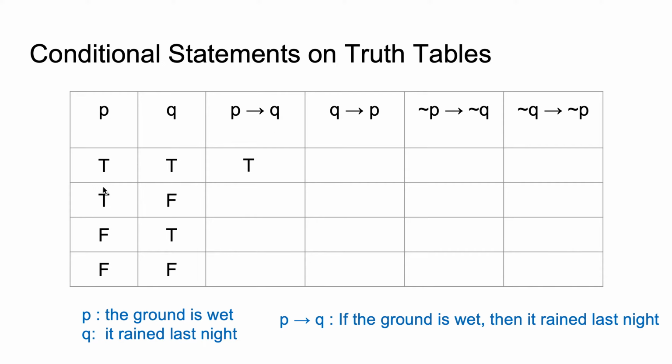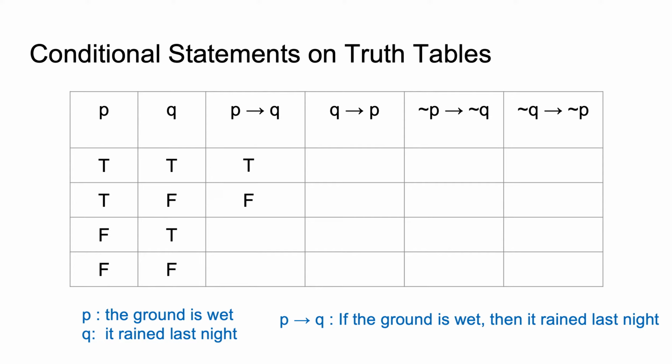But if the ground is wet and it didn't rain last night, then this statement here is false. Because maybe it's wet because of some other reason. Maybe the house is leaking, or they sprayed it with a sprinkler or something. Because even though our premise, our hypothesis, is true, our conclusion is false, so the whole sentence is false.